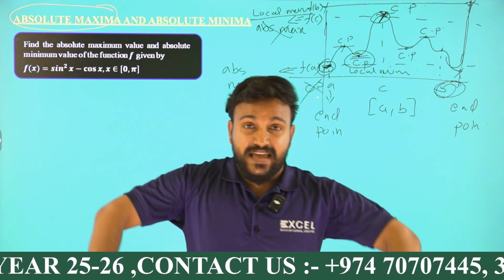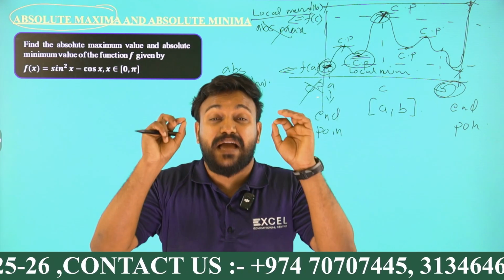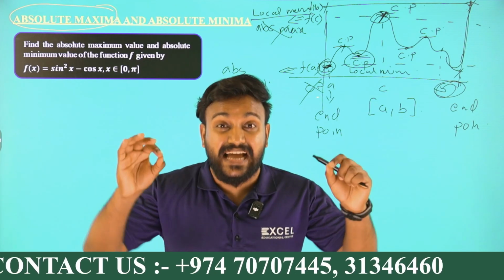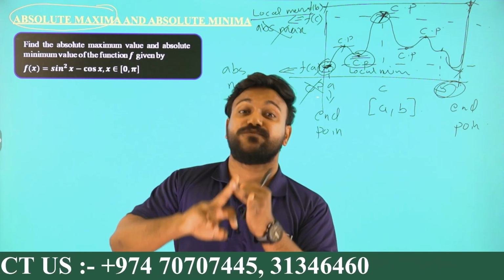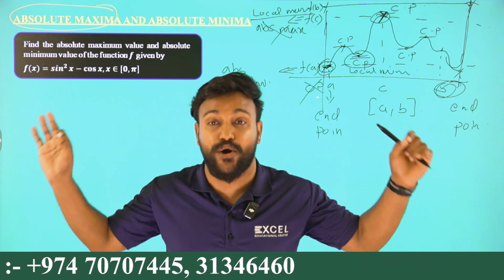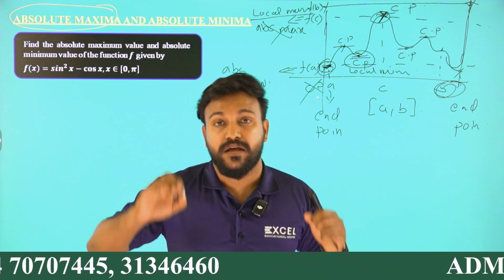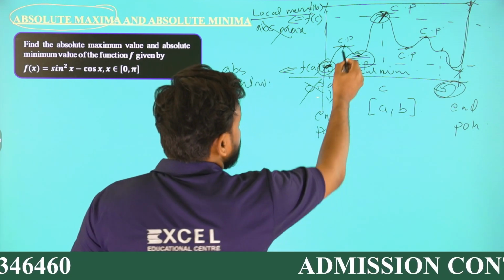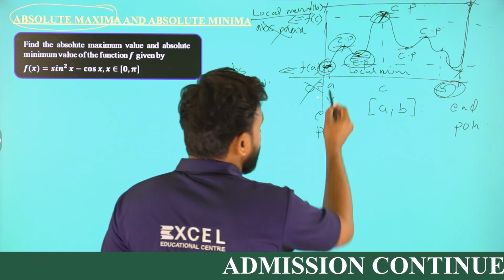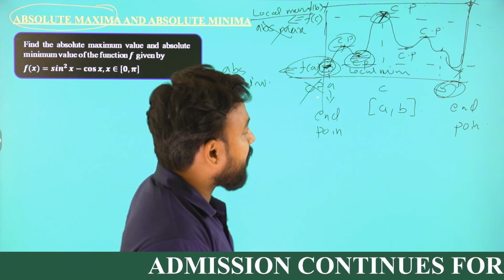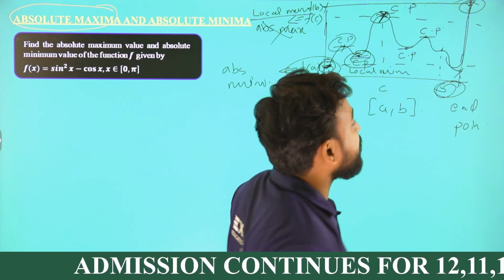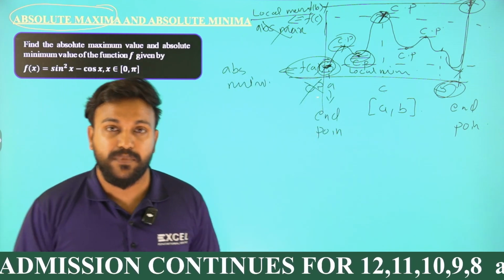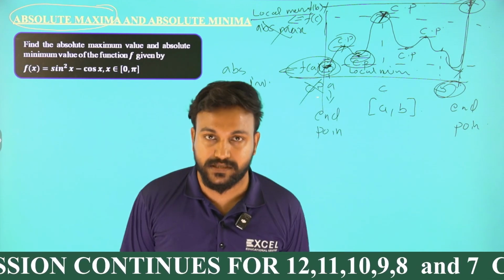So absolute maxima and absolute minima can occur at critical points as well as end points, but local maxima and local minima only exist at critical points. I'm not going to call an end point local maxima or local minima.